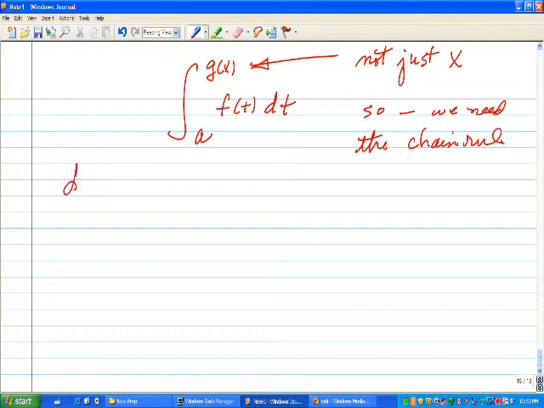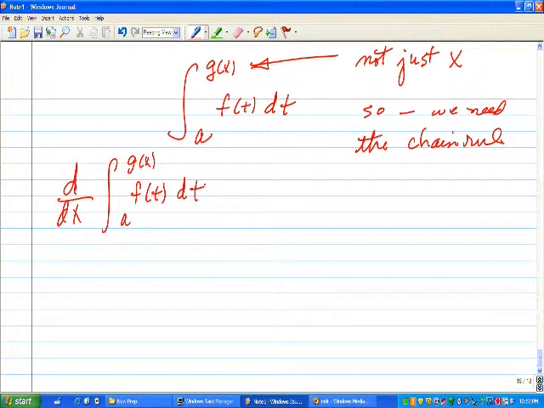So if we want to calculate d dx of the integral from a to g of x of f of t dt, we need to follow basically the same procedure and put whatever is up at the top everywhere you see a t. That's f of g of x.